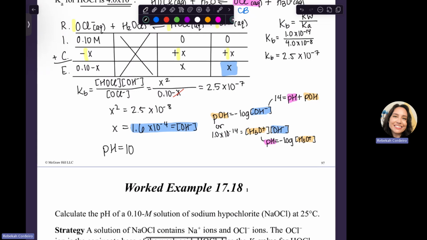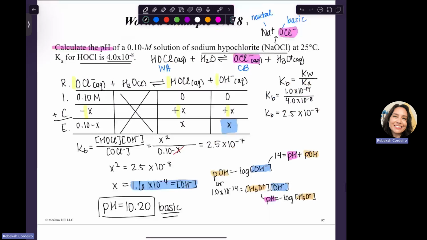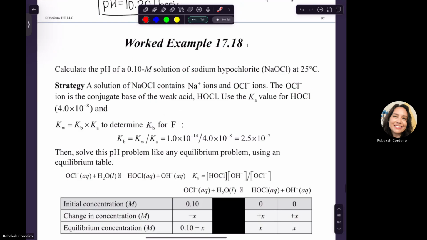I get 10.20 for my pH, which makes sense that it's basic. It should be basic because we know that hypochlorite is a conjugate base of a weak acid. So the salt, including hypochlorite, would be basic. So you can always check your work with your understanding.